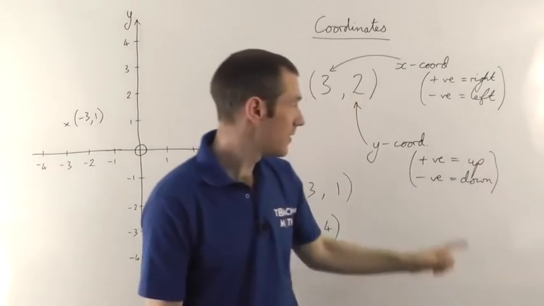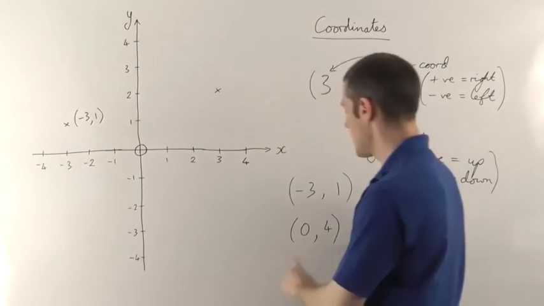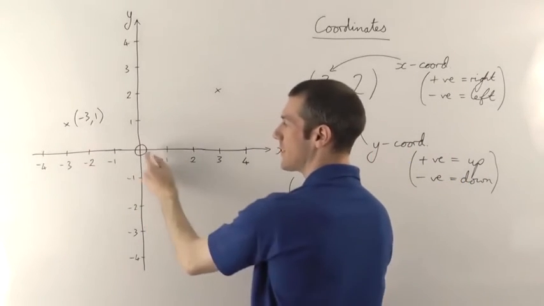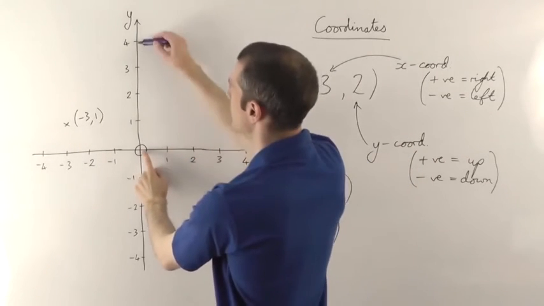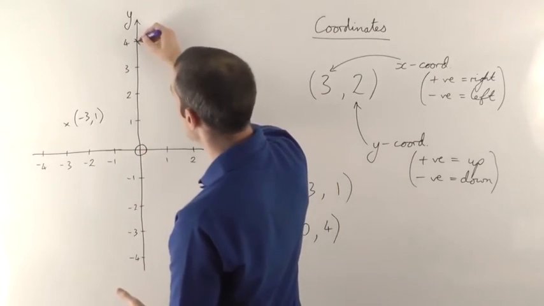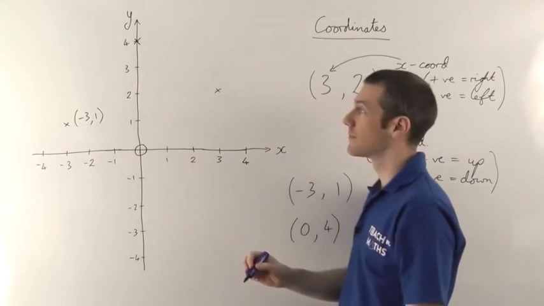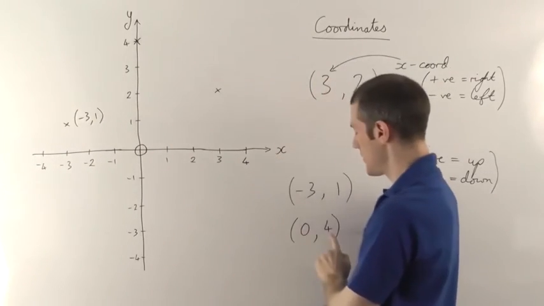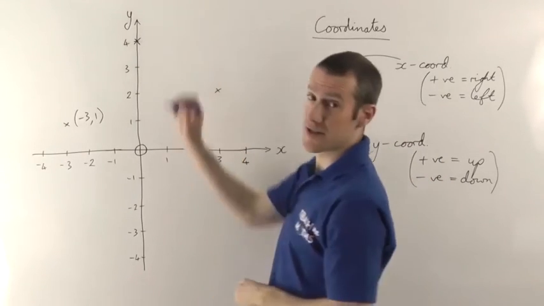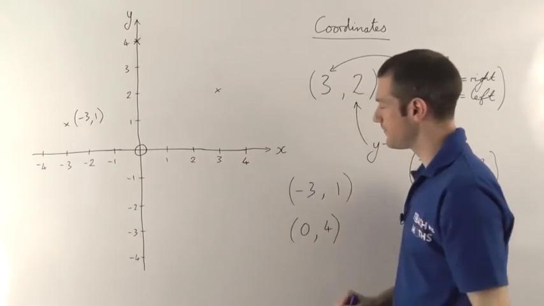It's positive, so we're going up. So you go 0 left or right from the origin, and then you go up by 4. So from here, go up to 4. You're actually going to be on the axis there, because you're at 0 as far as the x is concerned, but you're at 4 as far as the y is concerned. So that's what that one would look like.